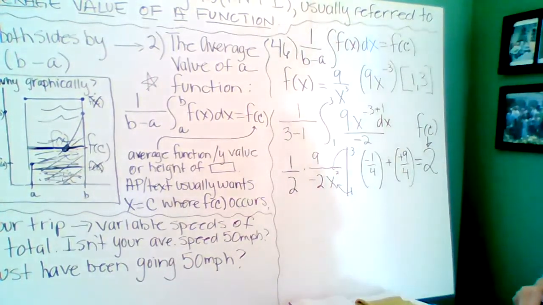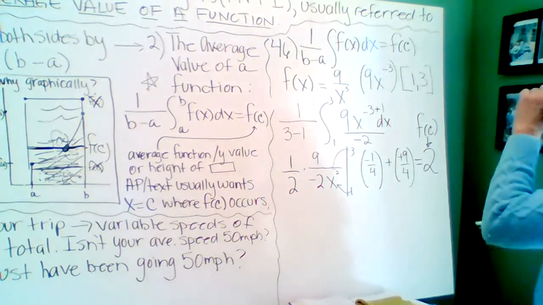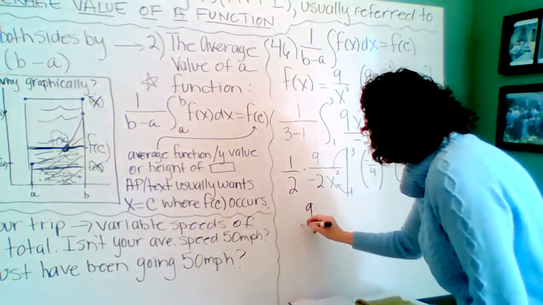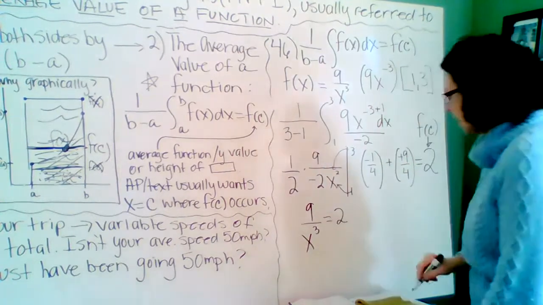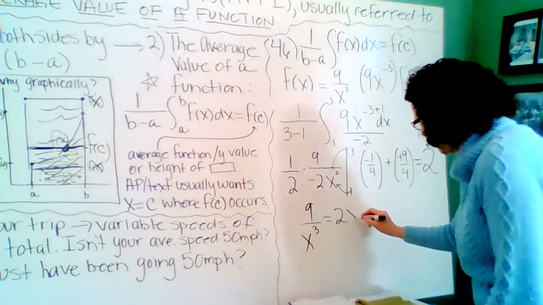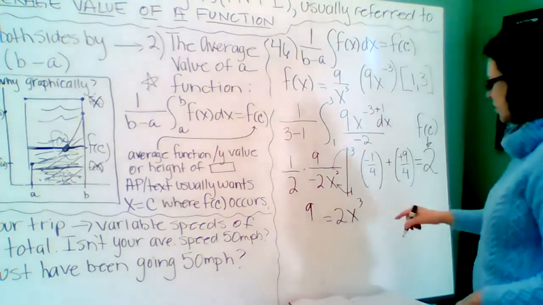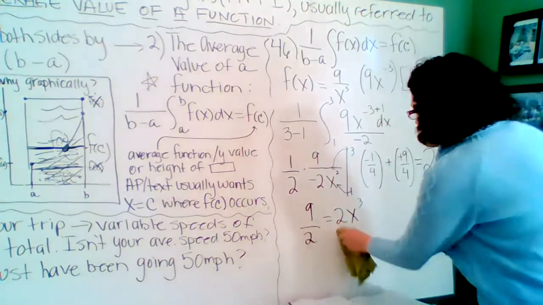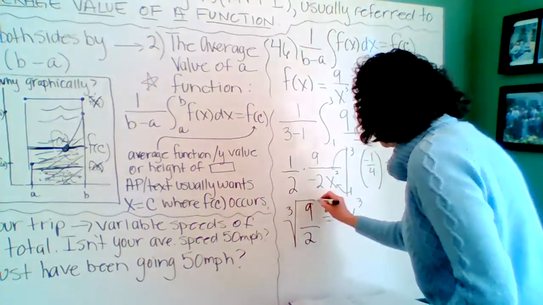Okay. And they want to know at what x does that happen? Where's my function? My original function is right here. 9 over x cubed equals 2. Let's multiply both sides by x cubed, divide both sides by 2, and take the cube root.